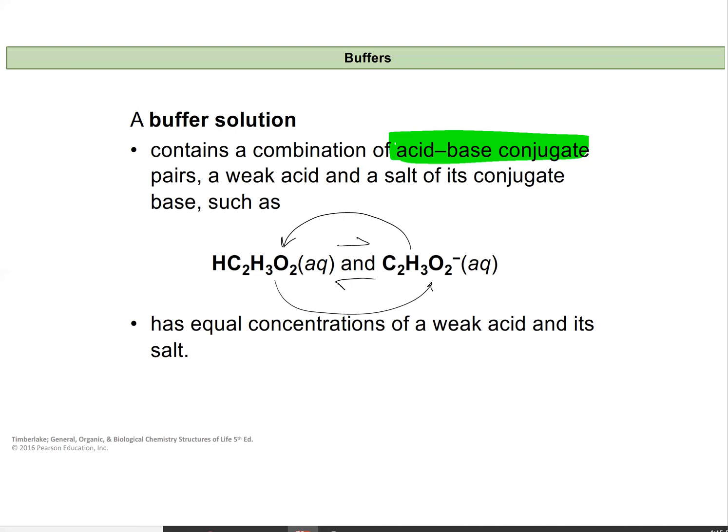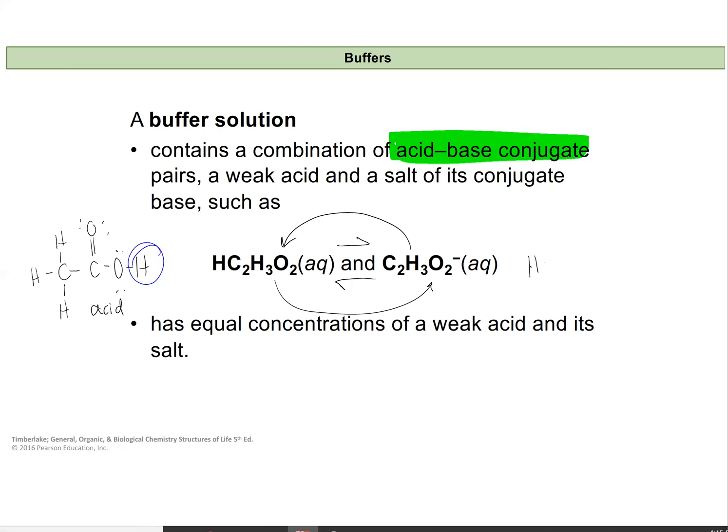So this is a perfect example of a weak acid, weak base. I have acetic acid. It looks like this. And acetate. So here's my acid, and its conjugate base will lose this hydrogen here.